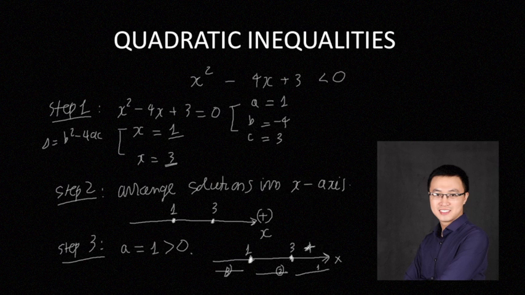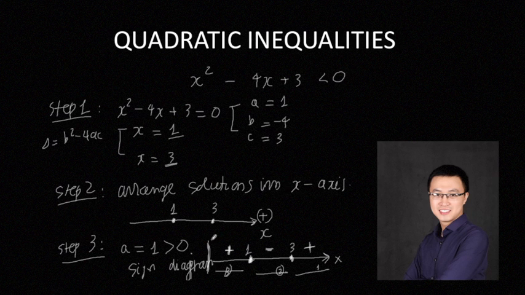Part 2 will be the alternate sign, so negative, and alternating one more time, part 3 is positive. We call this the sign diagram.